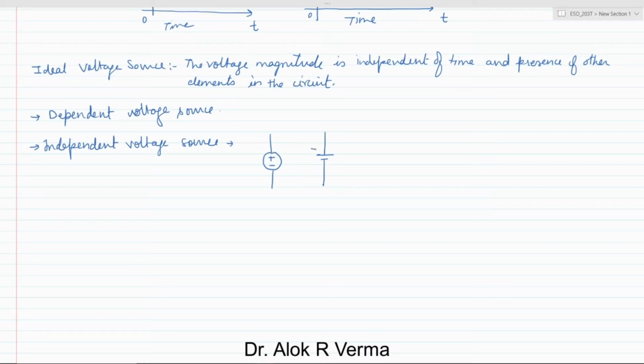So the bigger line, towards the connection in the circuit, is considered as positive, and the smaller line is connected to another part of the circuit between terminals A and B. So the voltage is V. This is the representation, either this way or this way, of an independent voltage source. And whenever any source is represented in a diamond shape, this way, it means that this is a dependent source.